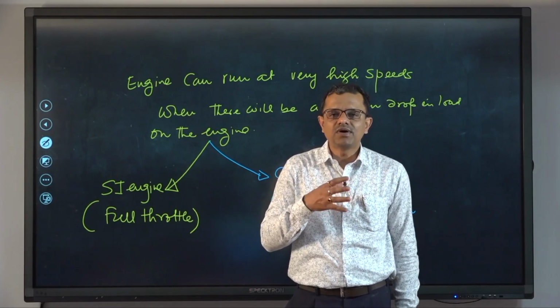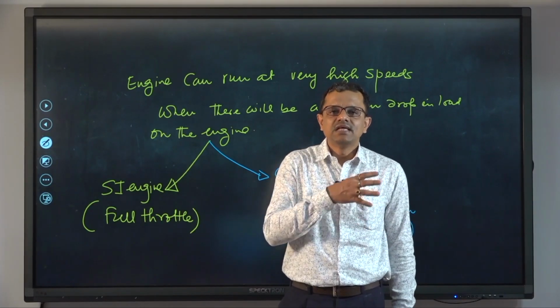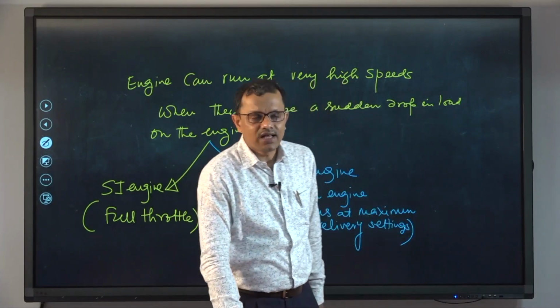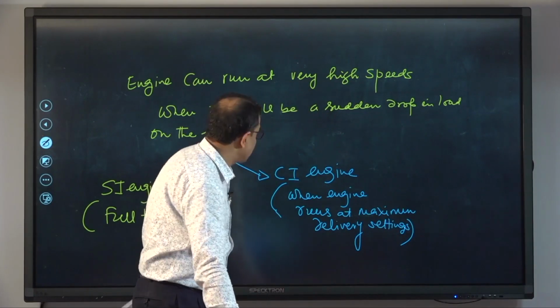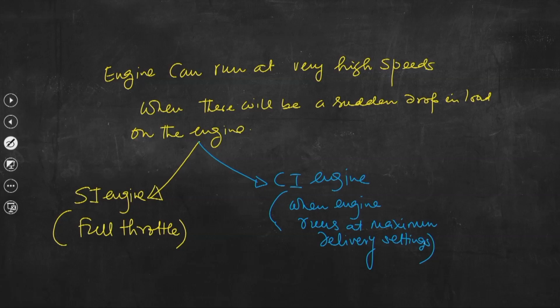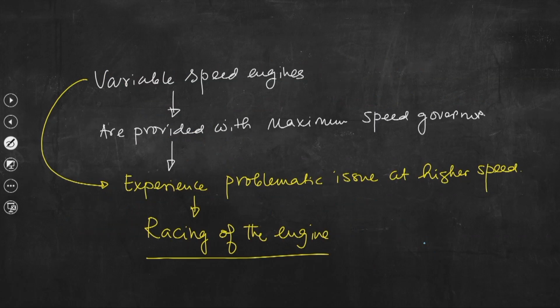All these problematic issues are there with the CI engines, and that is why, if I go back to the previous slide, you can see that in the context of variable speed engines, the engine is provided with a maximum speed governor, so as to limit the speed of the engine, so that the engine can be saved from these undesirable effects.